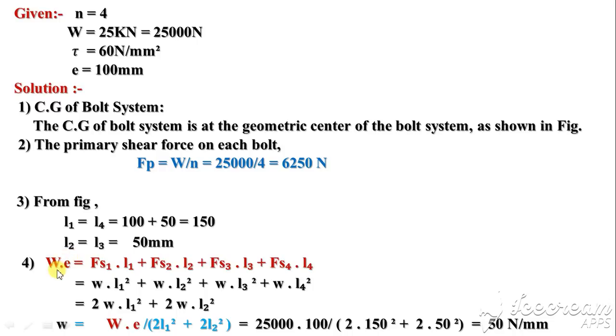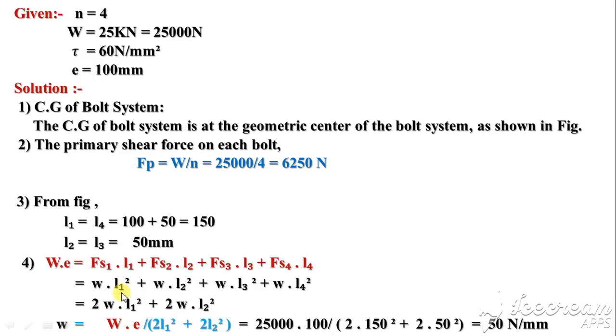So this term, capital W into e, is balanced by the 4 bolt moments which are opposite in direction. So Fs1 into L1, and that Fs1 is replaced by w into L1, so that term becomes L1 square, L2 square, and so on.